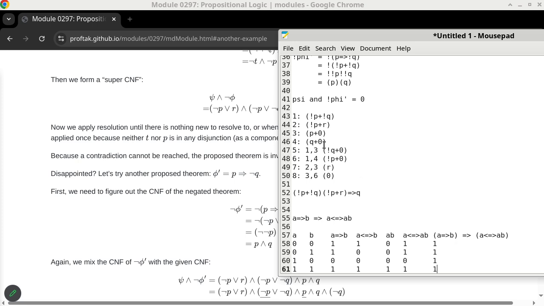It is important because it means every time we use resolution to generate a new term, we can add the new term into the original CNF without changing the value of the original CNF. So we are just stacking up additional terms, and all of them can be applied. We can apply resolution between any two of the expressions in the conjunction.